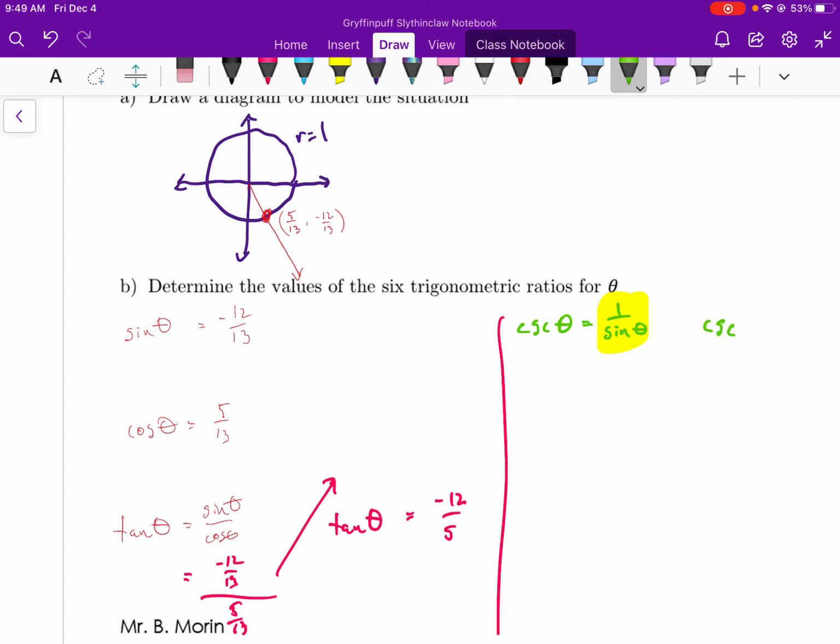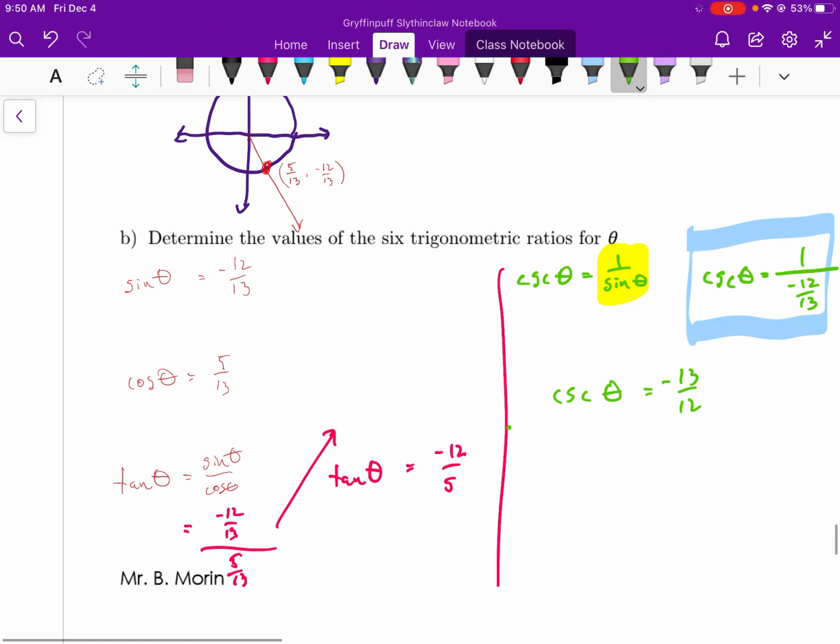So cosecant theta, I'm going to look at the sine value. The sine value was negative 12 over 13. And what I have here is cosecant is equal to 1 over negative 12 over 13. A better way to say it is the reciprocal of negative 12 over 13. So therefore, the cosecant theta would be negative 13 over 12.